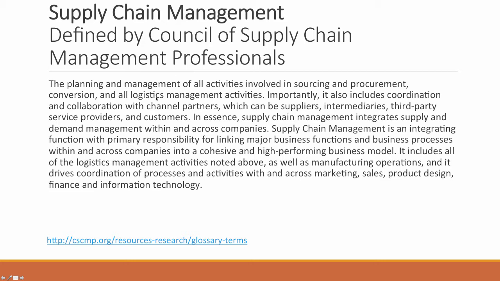We'll discuss the term logistics in a little bit. Supply chain management also includes coordination and collaboration with all the channel partners. We're going to be talking about that a little bit more. Some of these channel partners might be suppliers, intermediaries, third-party service providers, and of course, customers.